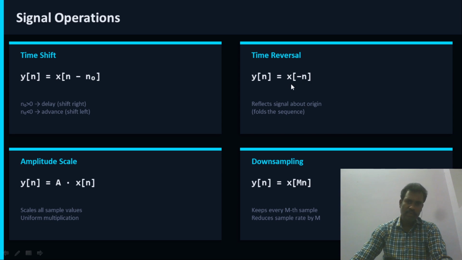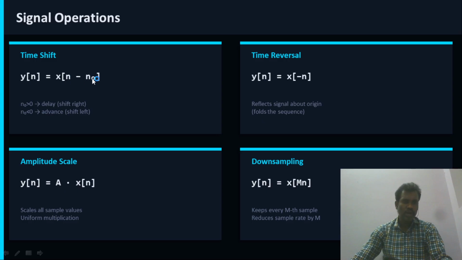So time reversal is represented with x of minus n, but time shifting is represented with x of n minus n naught. If n naught is positive, then it is a right shift, also called delay. If n naught is negative, it is a left shift, also called advance. Suppose n naught is 1, a positive value.